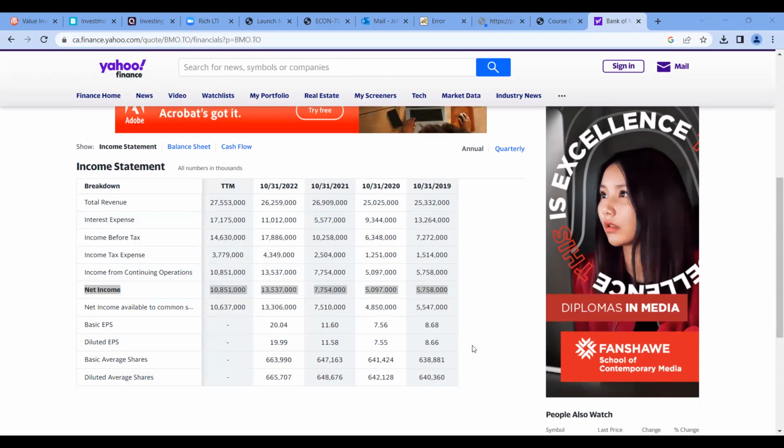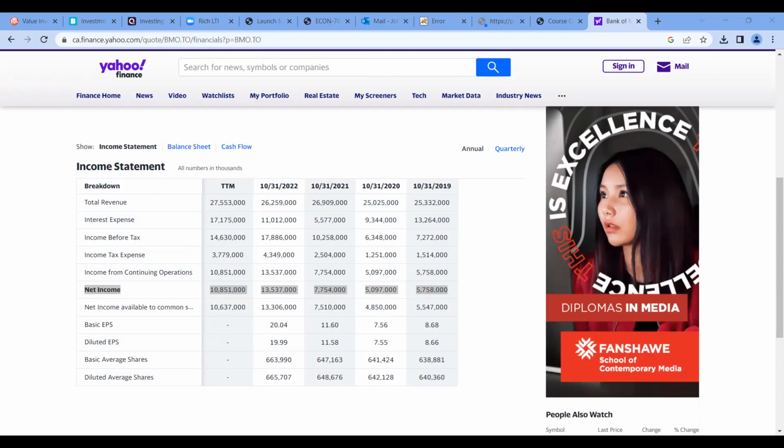As we can see here, the net income rose from 5.758 billion in 2019 to just over 13 billion in 2022. Over this time period, it has almost tripled, which is good for investors. So that's a good point there.